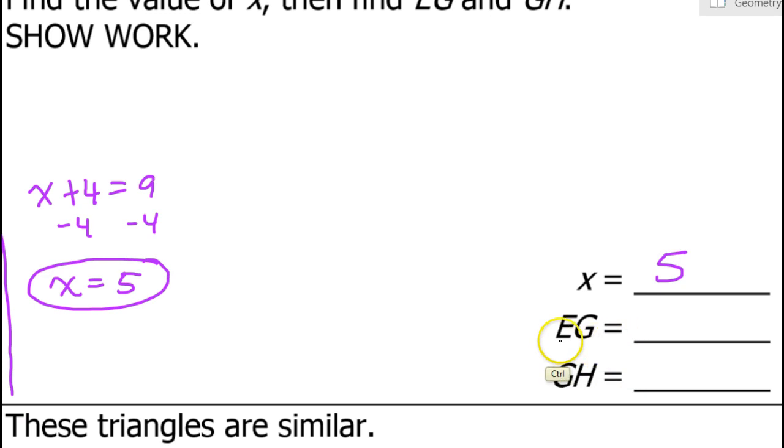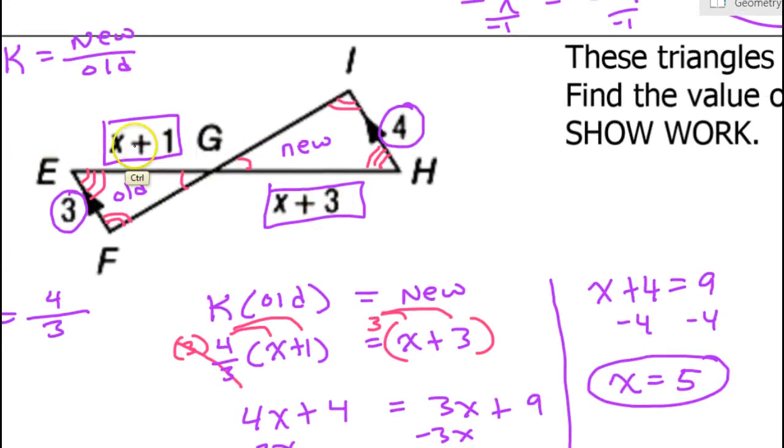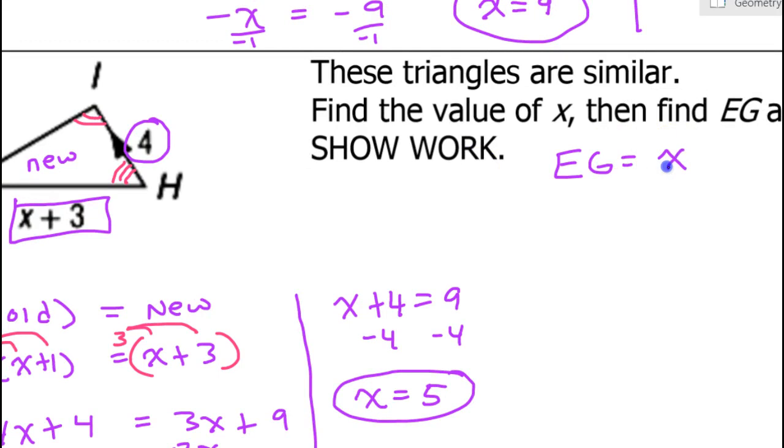So now I want to find EG. EG is x plus 1. But I know that x is 5, so that means that EG is 5 plus 1. So EG is 6.